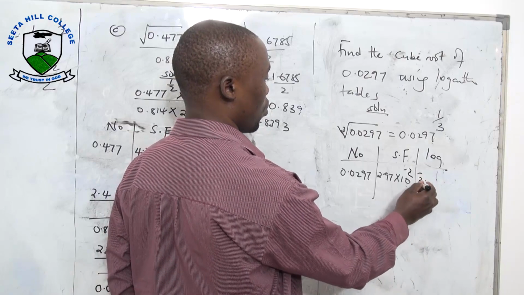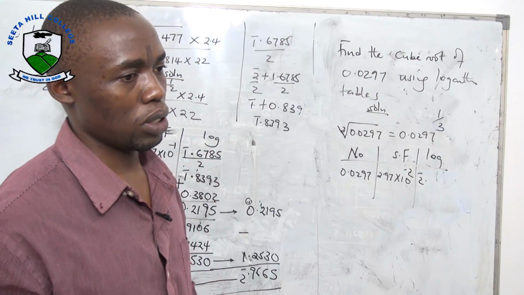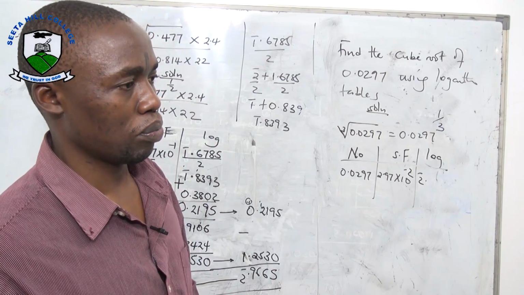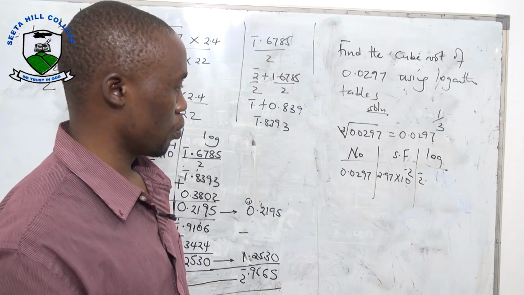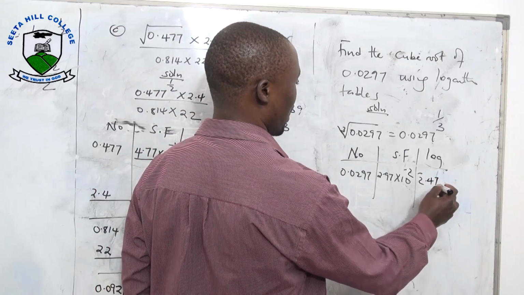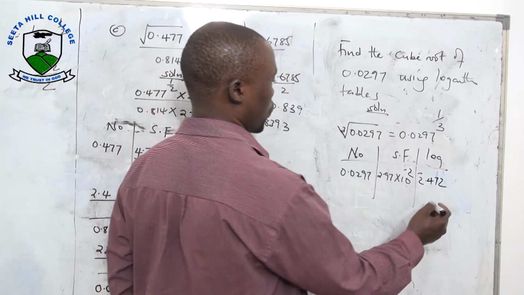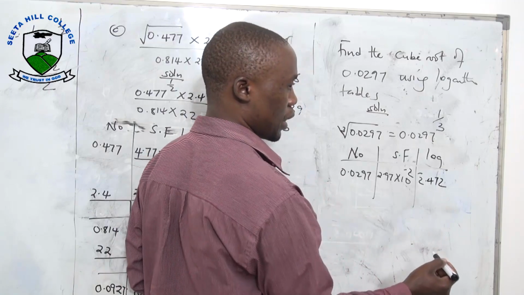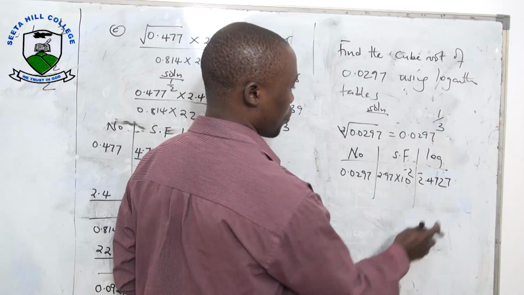You deserve to be appreciated daily. Then 0.472... Now 4 decimal places. 7 like this. No, it will be 8.